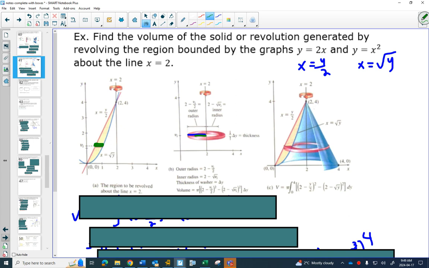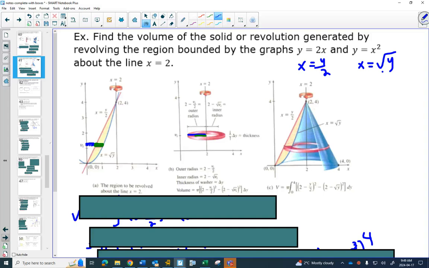And what I know with my equation is if I have y over 2, when I plug something in for y, the x value that I get is this length from my axis to the graph.